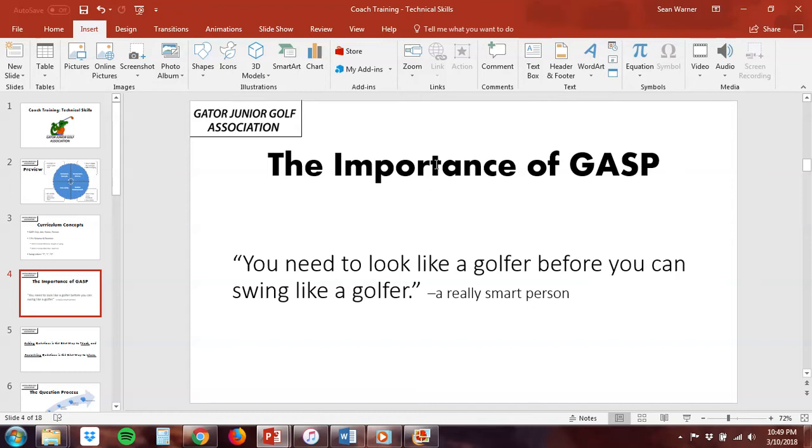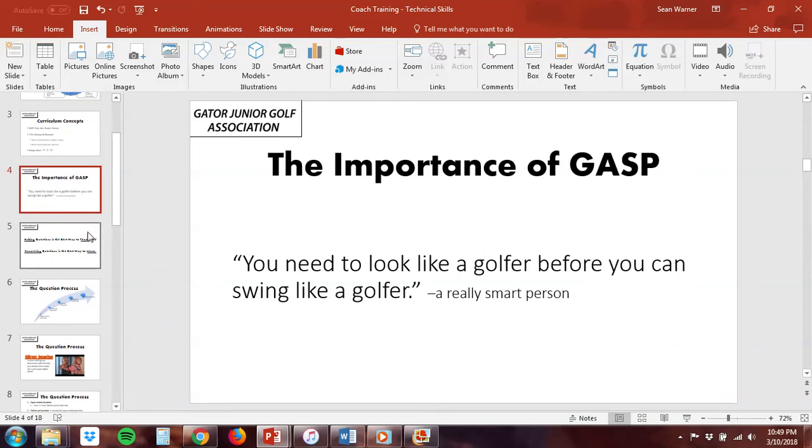But you can at least get their setup right, because the setup doesn't require any skill. It's just remembering how to do it and putting your feet and your hands in the right position. It's just memorizing. That's why it's so important to emphasize GASP and get that golf setup down right away in the beginning, before we move on to any kind of golf swing concept.